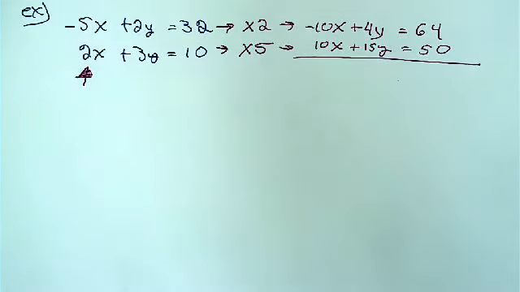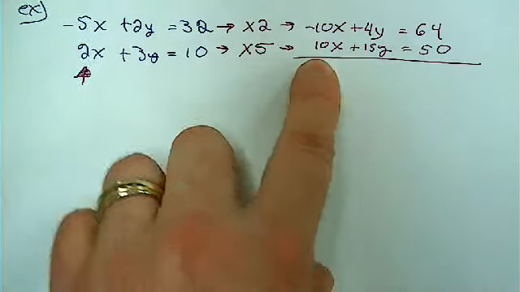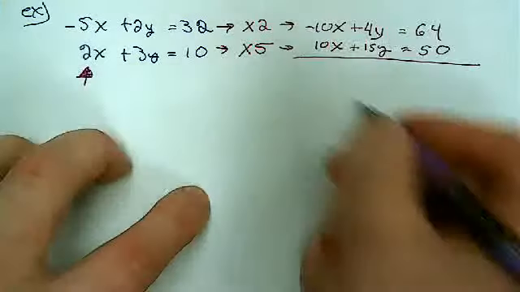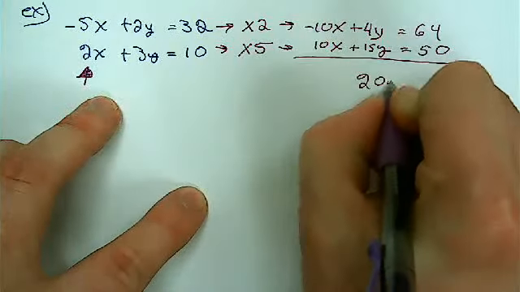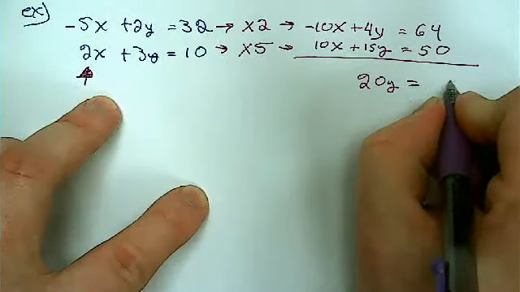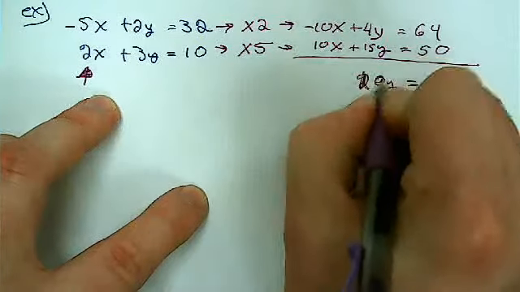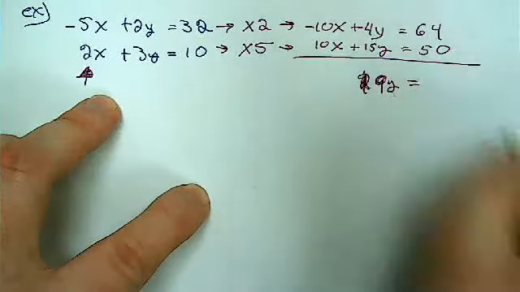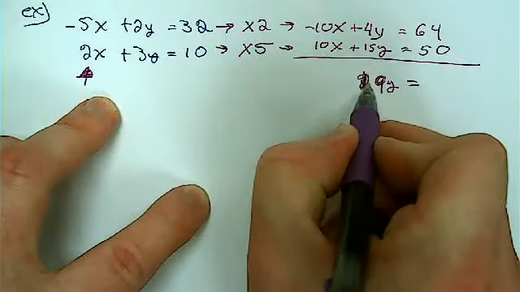I'm ready to pack these down because I've got a negative up here and a positive down here. So when I combine, the x's cancel, leaving 4y plus 15y, which is 19y.